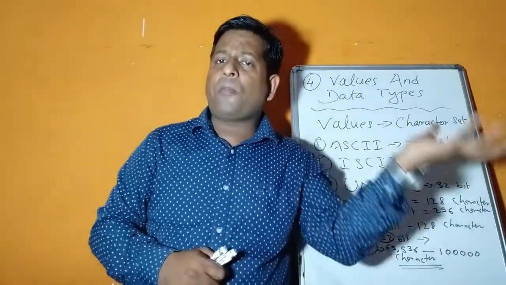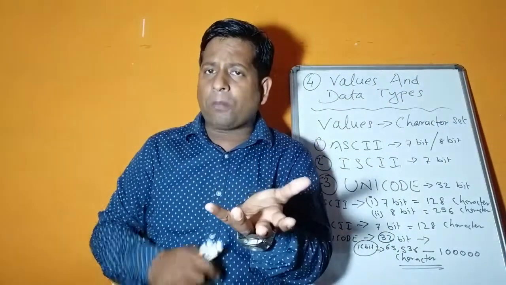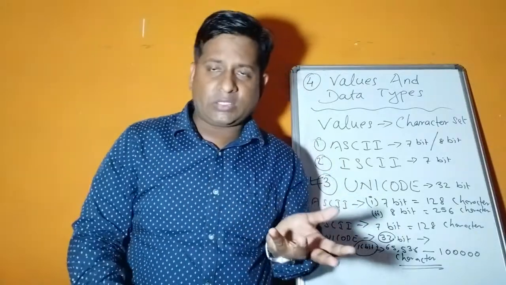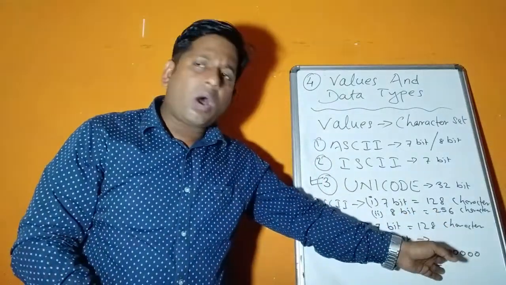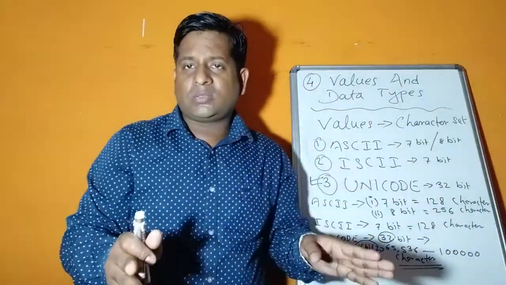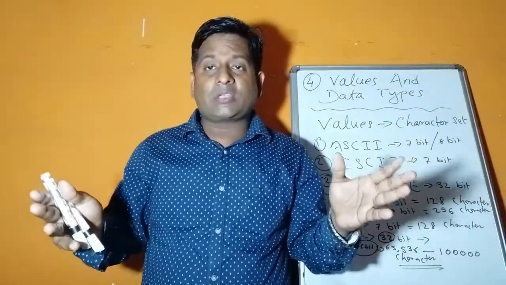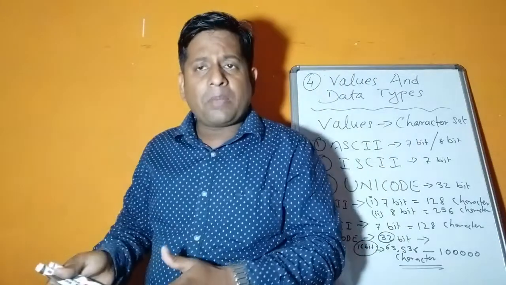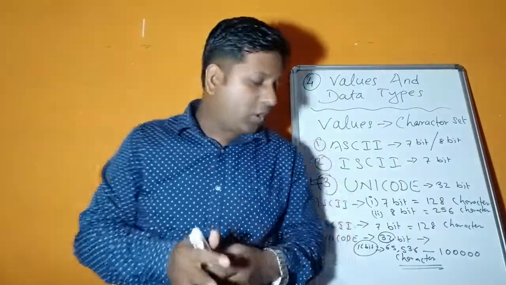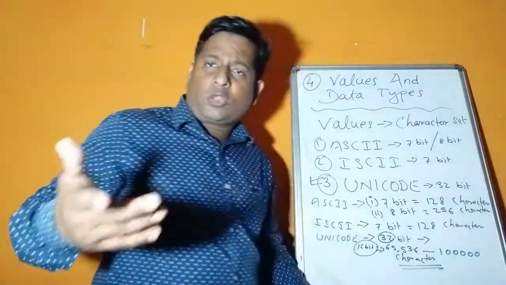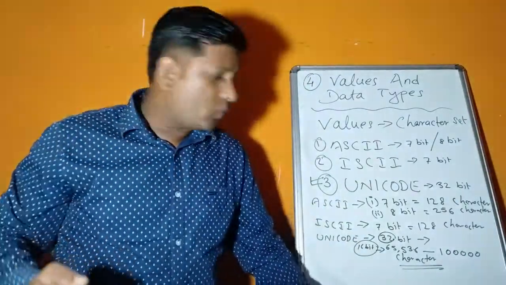Not only does it support inbuilt platforms, but it also provides us the chance to create new character sets, because 1 lakh characters is not less, it is more than enough. So many different characters, symbols, alphabets can be supported with this. Unicode supports both Linux as well as Windows.